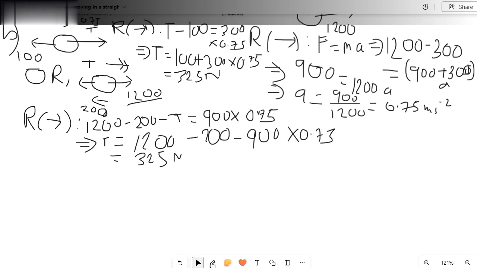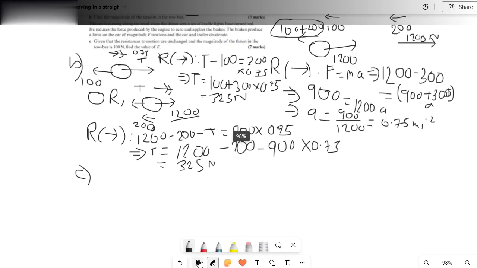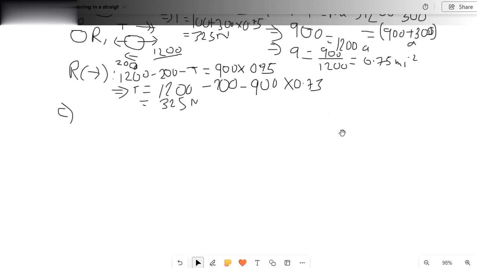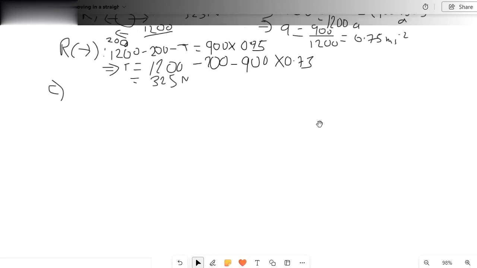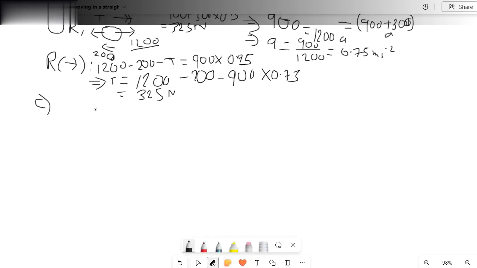So for part C, we have to draw the situation again. And so we can say that if this is the trailer and if this is the car, this being the rod, there should be a thrust in both of the vehicles because the deceleration is towards the left.